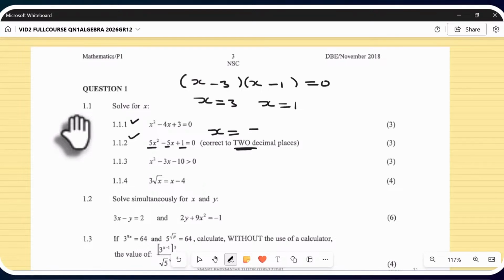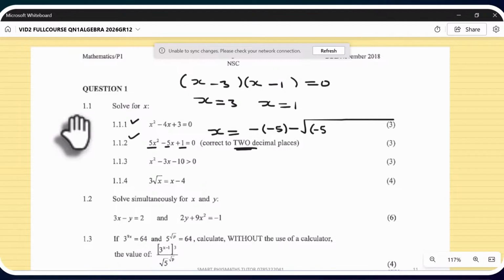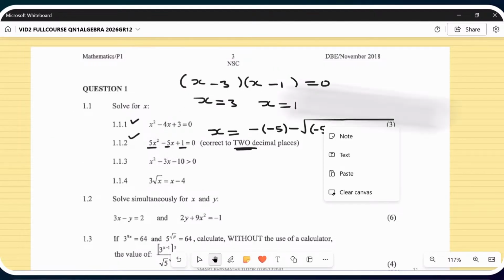Then plus or minus the square root of b squared minus 4ac. Now our b is negative 5, that's b squared, minus 4ac.